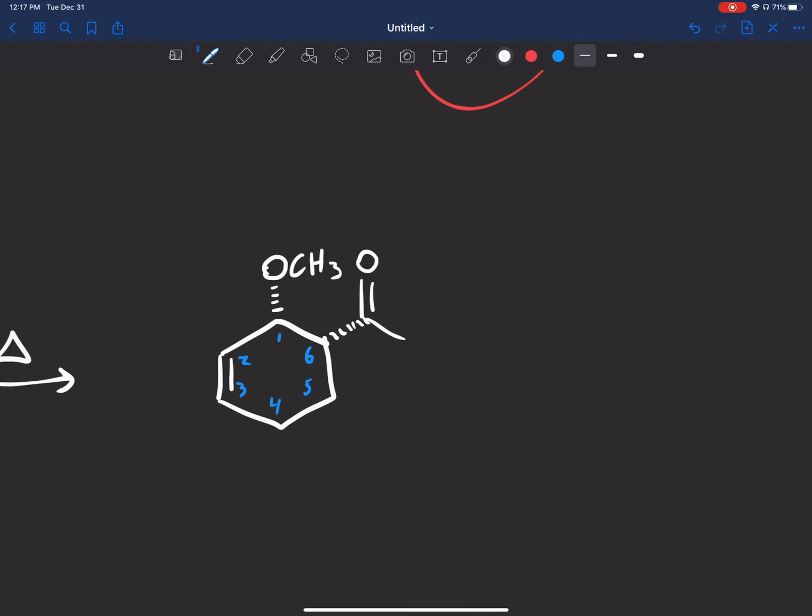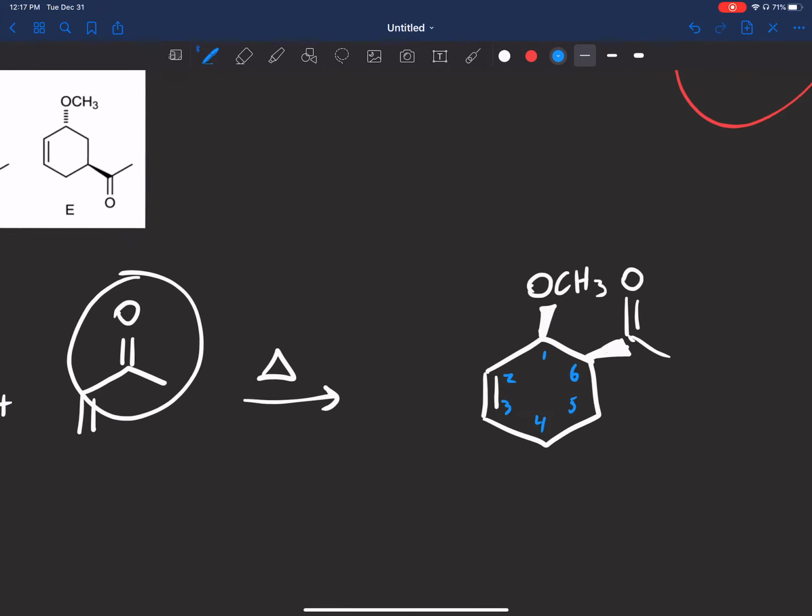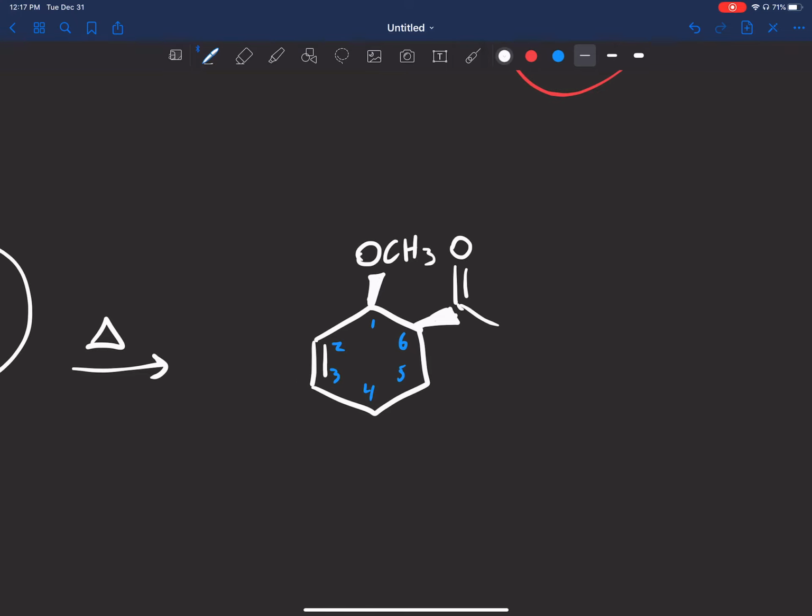Now, if you chose to make it wedged, let's say I drew this as wedged, you can see that that's not an answer choice here, right? So all that means is you just picked the enantiomer that they did not draw, because remember, we have two enantiomers when we do the Diels Alder, as well as the endo and exo product.